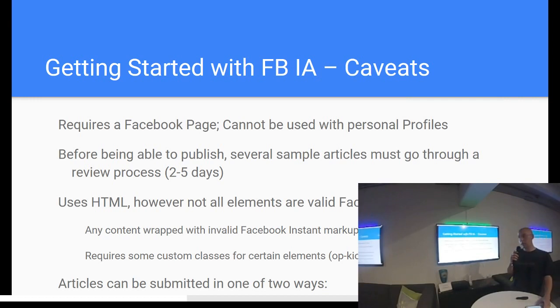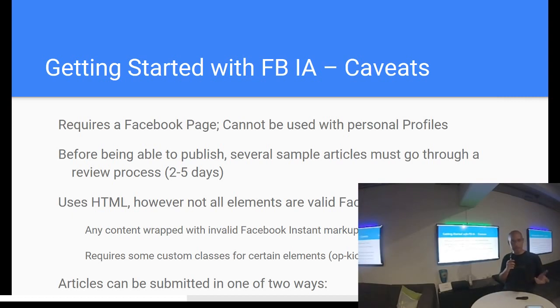It does use standard HTML, unlike AMP pages. However, not all HTML markup is valid for Facebook Instant. The downside is that any content wrapped in an invalid HTML element is completely ignored and you don't see it.